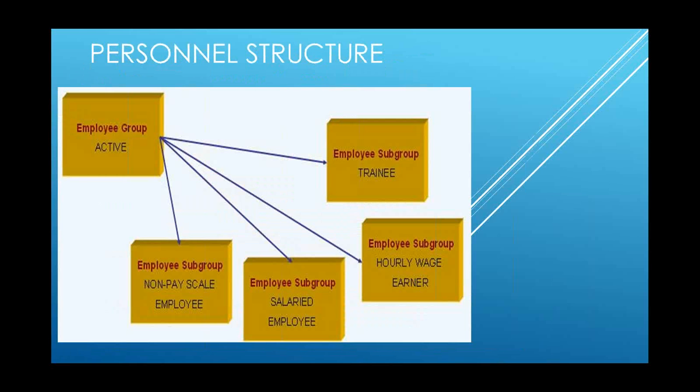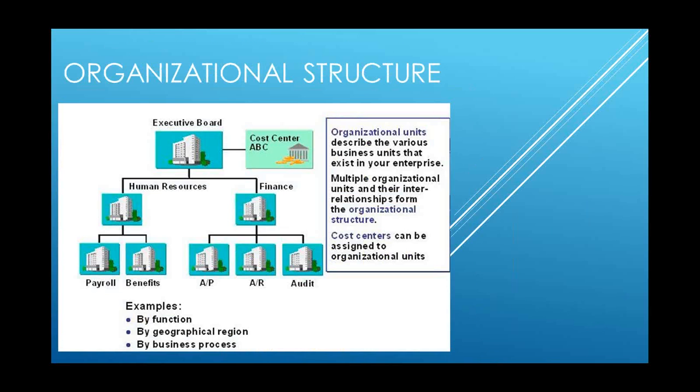So moving on, it's the same thing: the employee group, you have various employees, a division of employee groups into employee subgroups. And the organization structure is the graphical representation of the org units in your organization.